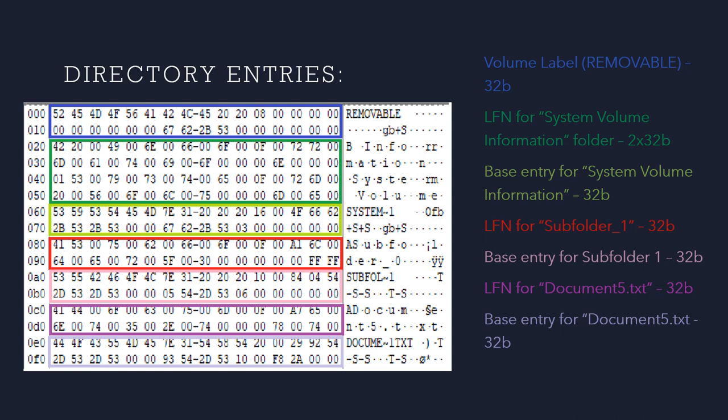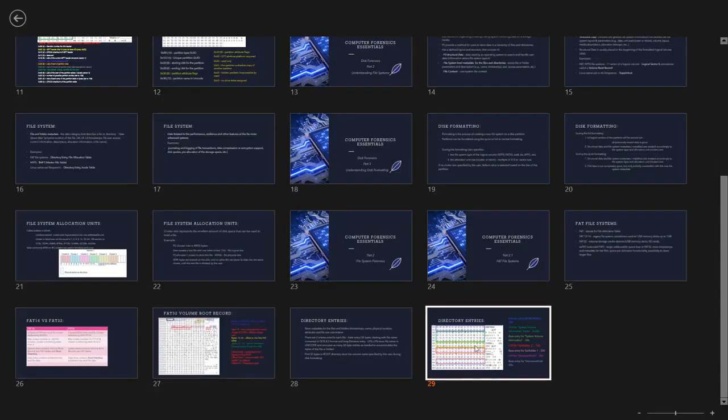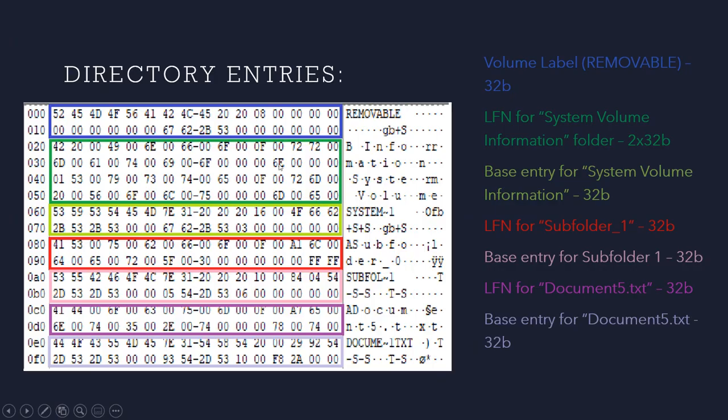For each and every file or folder, there will be a long file name entry. For example, for System Volume Information, it will be 64 bytes long. So two 32-byte entries are used to store the name of this directory in Unicode.